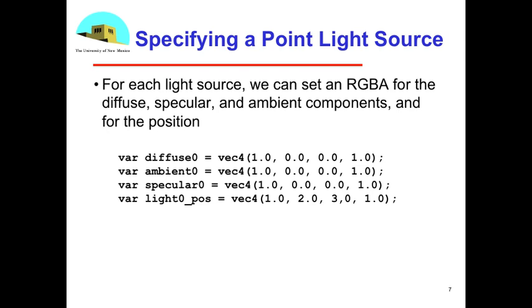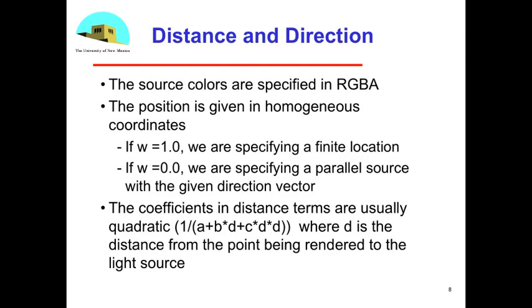And so it's a far source or a distant source, and if we've done things carefully, everything will work out fine when you change that 1 to a 0. Okay, now direction, this is what I just said, is that the 1 and the 0 actually can be used there. There's some other advanced effects you can get from using values in the middle.